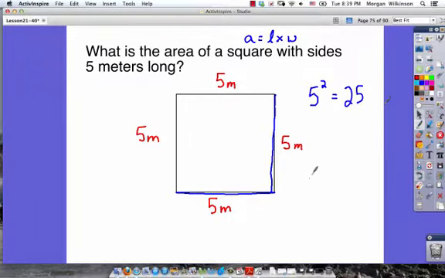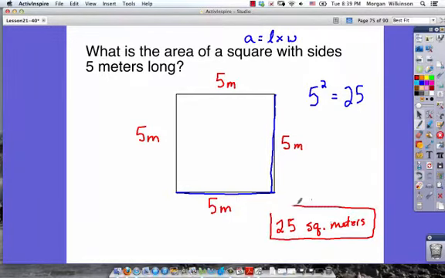Let's go ahead and write that out on the bottom. 25 square meters. And you can write SQ for square if you like, rather than writing out SQUARE. And we've got our answer. We used that information, 5 squared, to know that we get 25. Let's move on to our next problem.